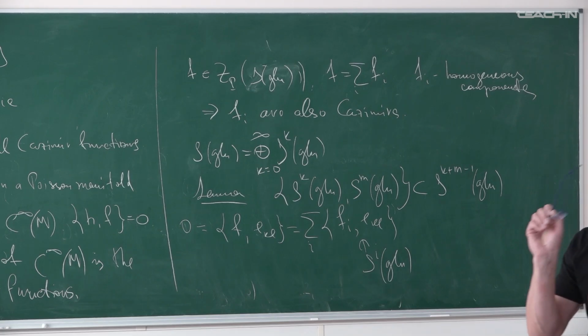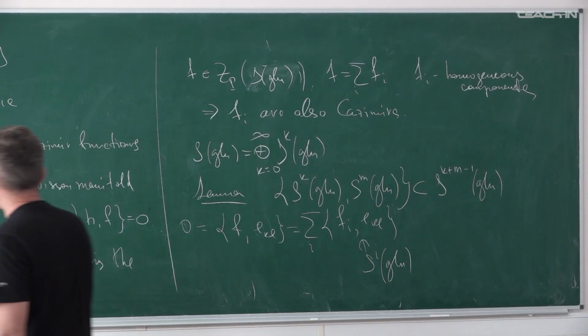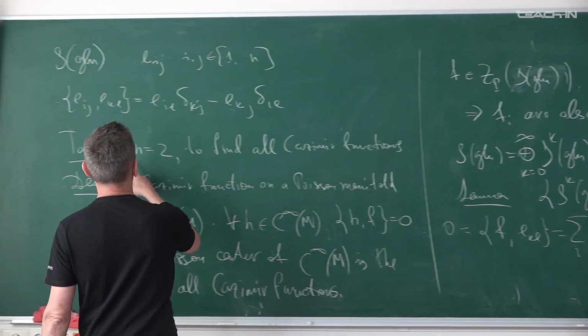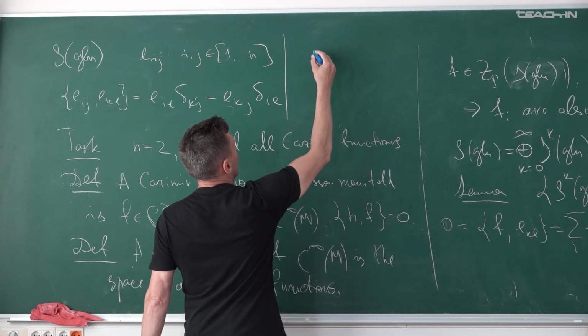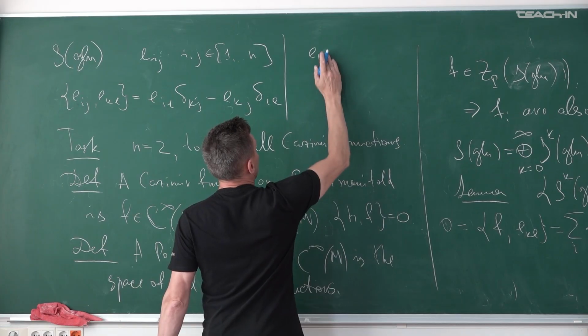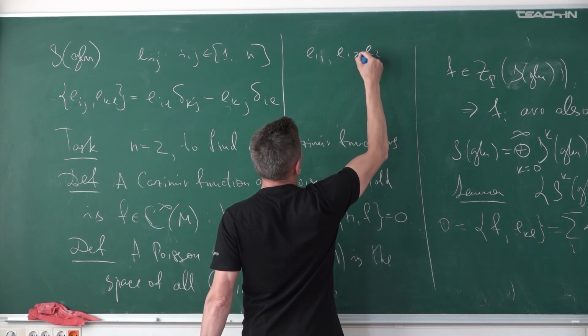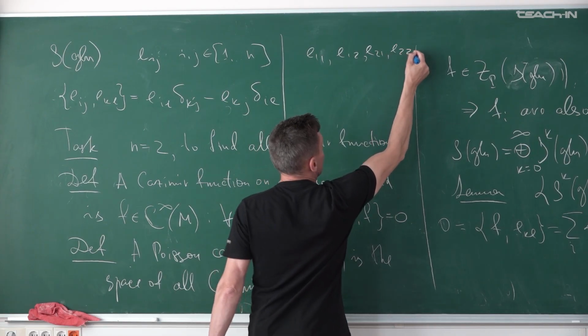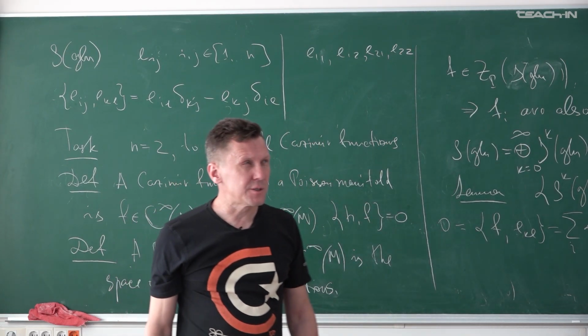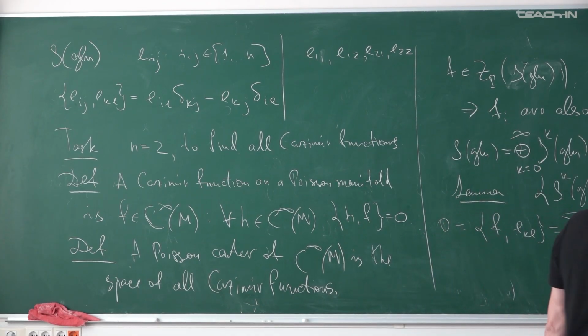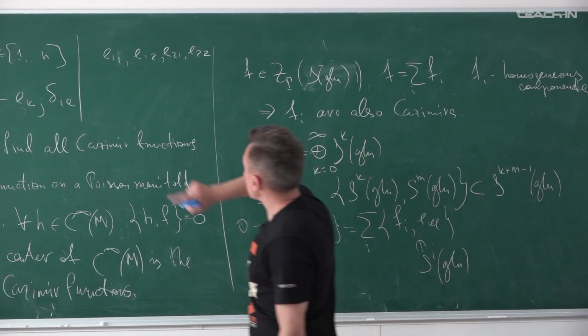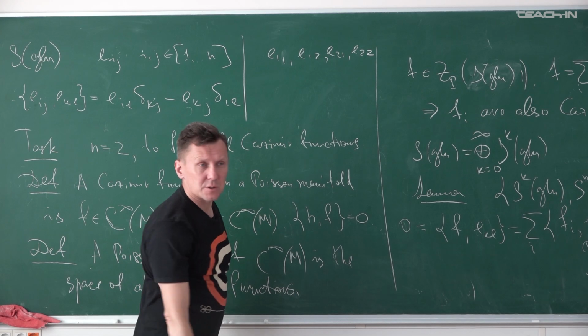For n equal 2 we have 4 linear elements, and the homogeneous linear function in our algebra is a generic linear combination of these.